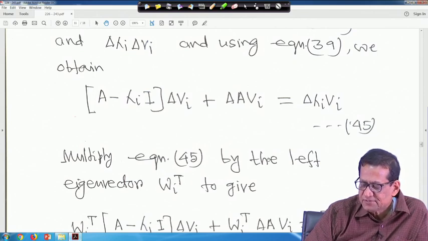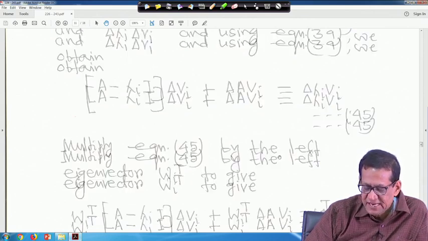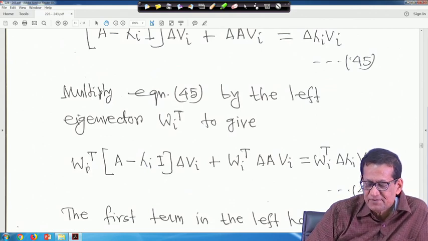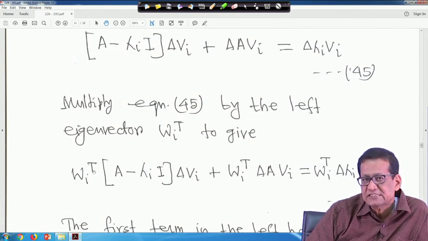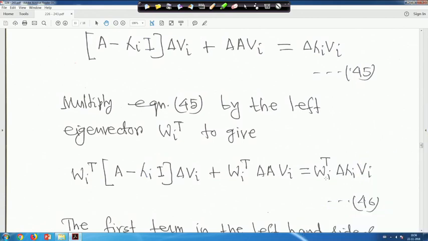Now, multiplying equation 45 by the left eigenvector w_i transpose, we get w_i transpose (A minus lambda_i I) delta v_i plus w_i transpose delta A v_i is equal to w_i transpose delta lambda_i v_i.